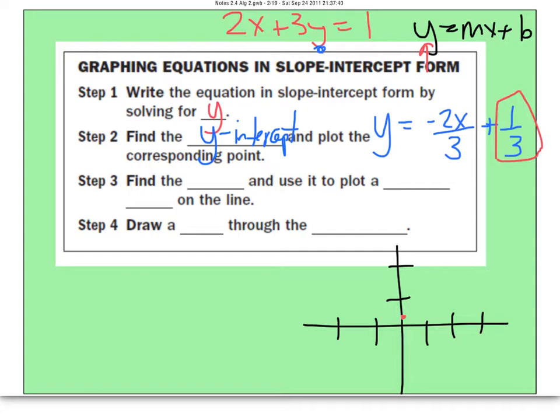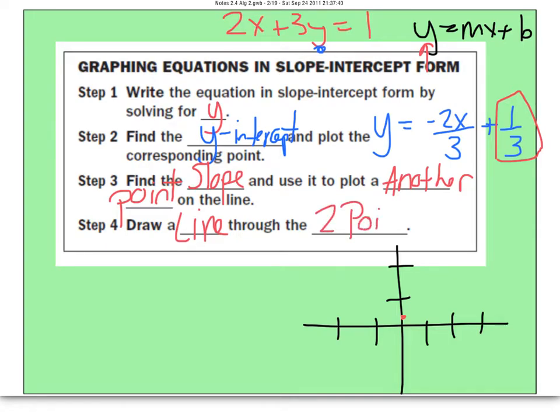The next step then is to find the slope and use it to plot another point on the line. After you do that, you're going to draw a line through the 2 points.